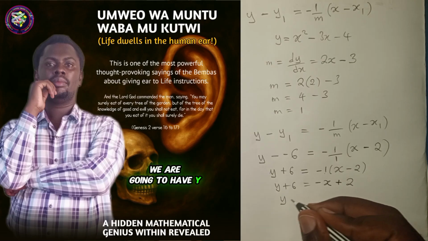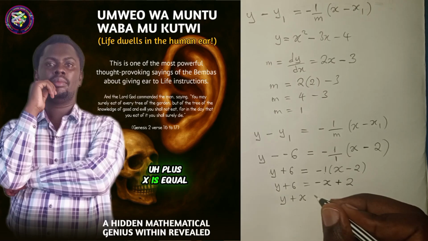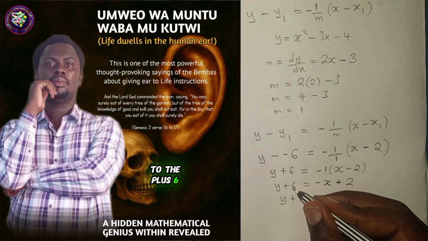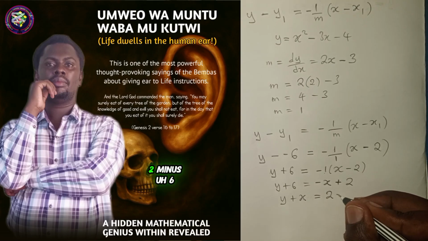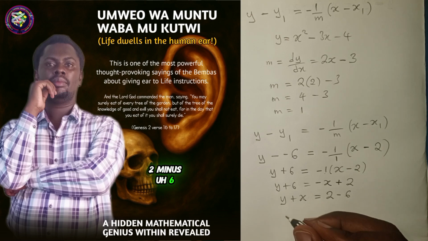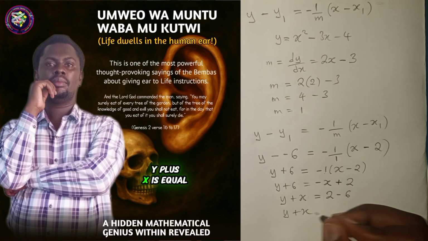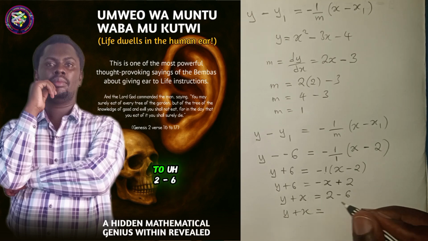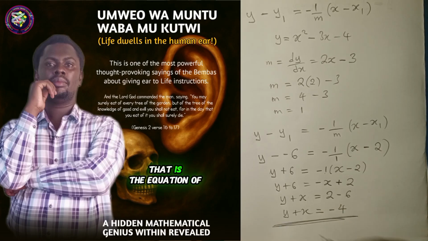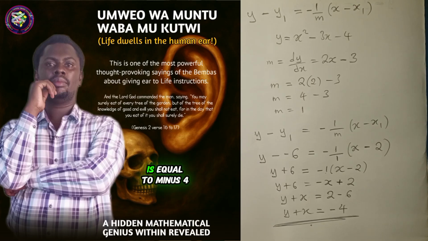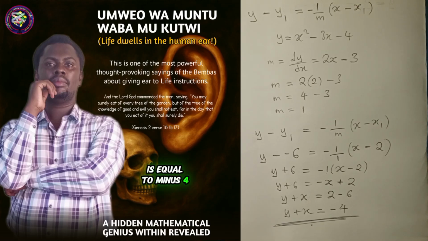So y + x = 2 - 6, because the plus 6 goes to the other side as minus 6. So y + x = -4. That is the equation of the normal: y + x = -4.